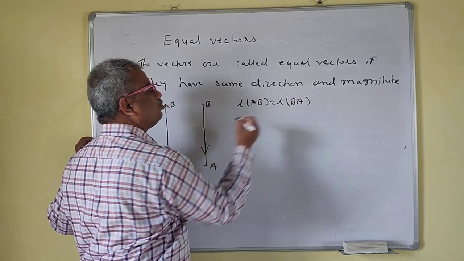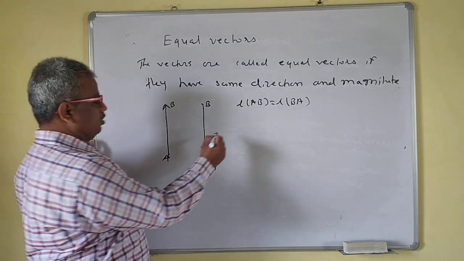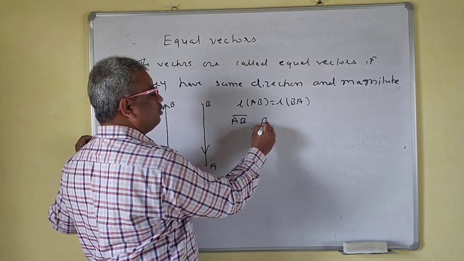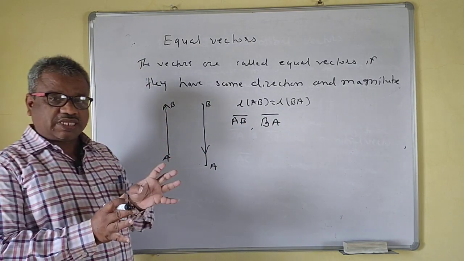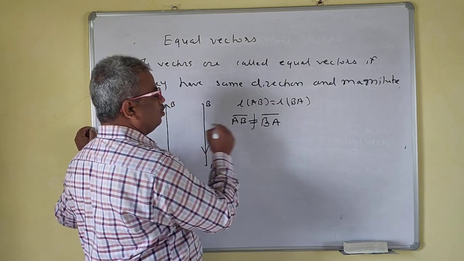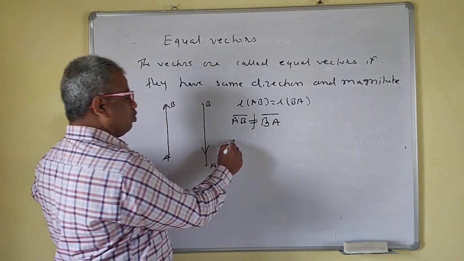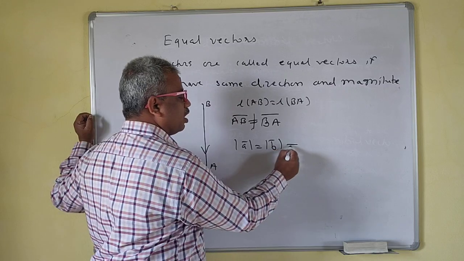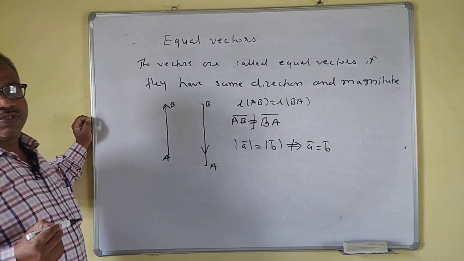But see the direction: this vector is AB bar and this vector is BA bar. Their magnitude is same, but their direction is not same. So AB bar is not equal to BA bar. So mod of A bar equal to mod of B bar does not imply that A bar is equal to B bar, right?